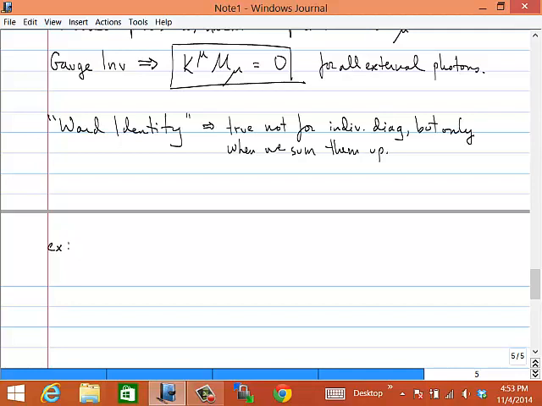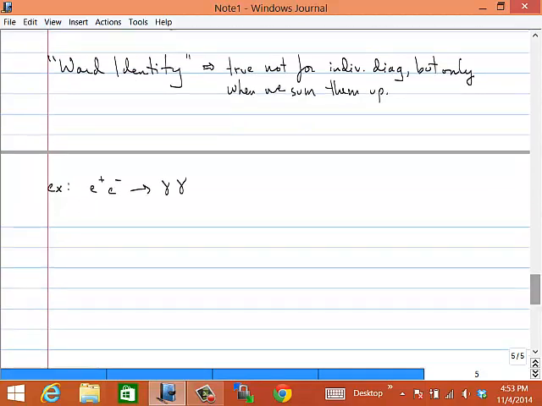Okay. Good. So let me give you an example. Let's imagine that we have an electron and a positron which combine to make a pair of photons. So the sorts of diagrams that will arise are very similar. Oops, sorry, I can't draw a diagram.